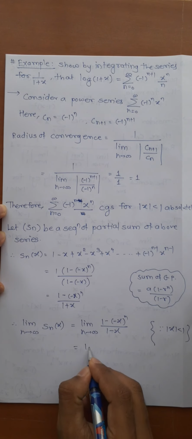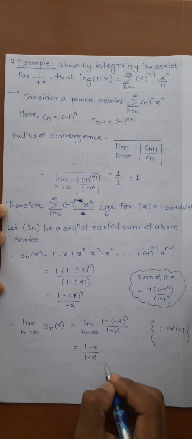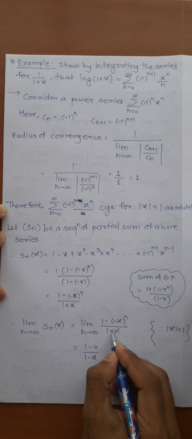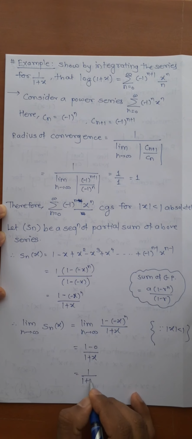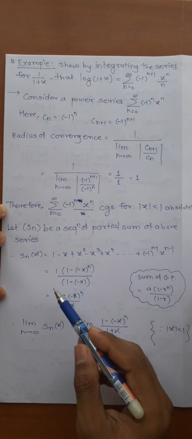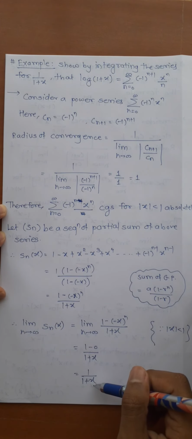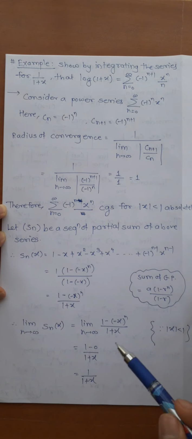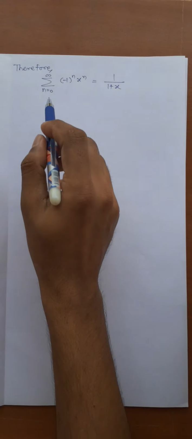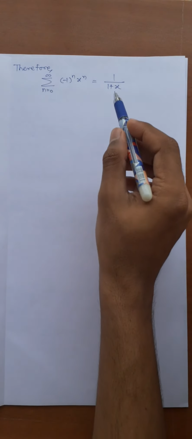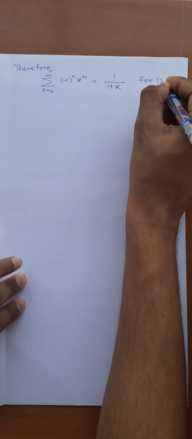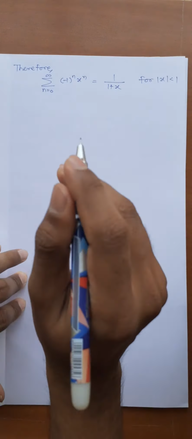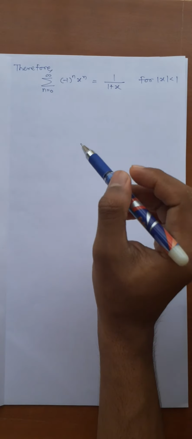So this is (1 - 0)/(1 + x), which is 1 upon 1 + x. So the sequence of partial sums converges to 1/(1+x). Therefore the sum of this series is also 1/(1+x) for mod x less than 1, since the radius of convergence is 1.